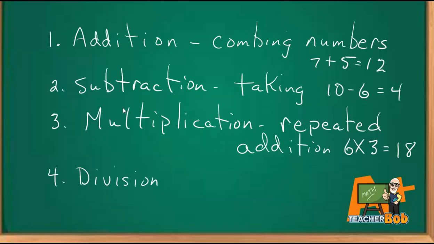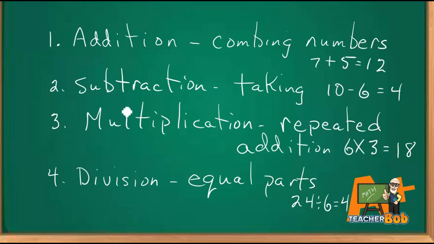And in division, this just represents an operation that splits a number into equal parts. So let's just say equal parts. And an example of this might be 24 divided by 6 is equal to 4.